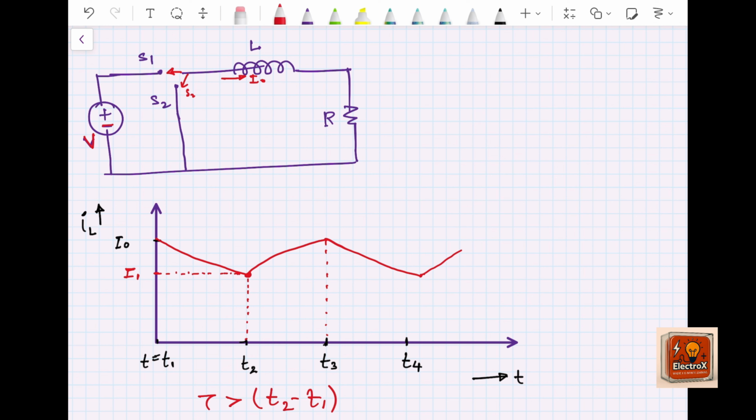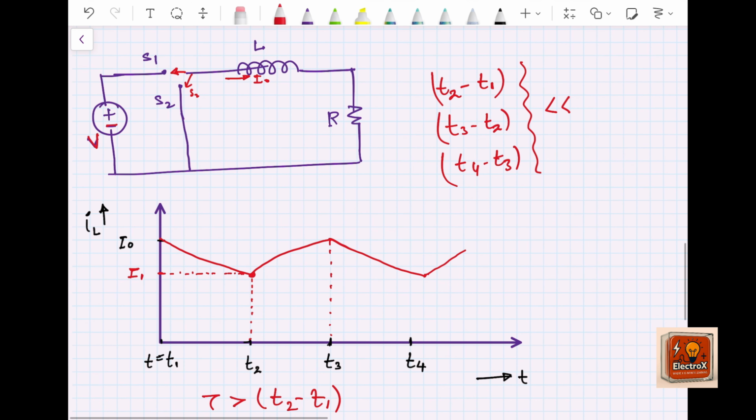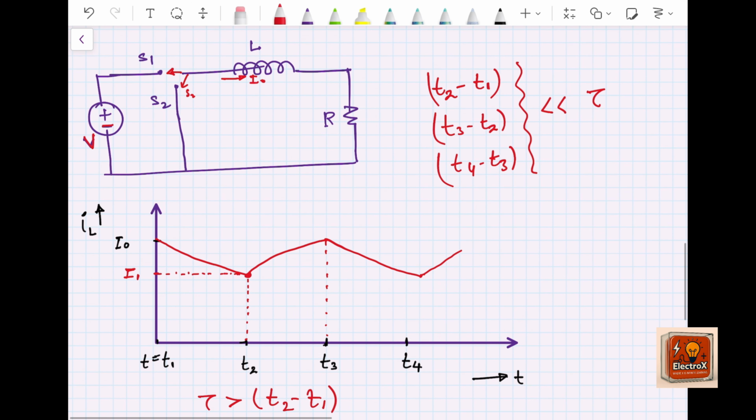Now let us say these time intervals, t2 minus t1, t3 minus t2, t4 minus t3, are much less than the time constant tau.